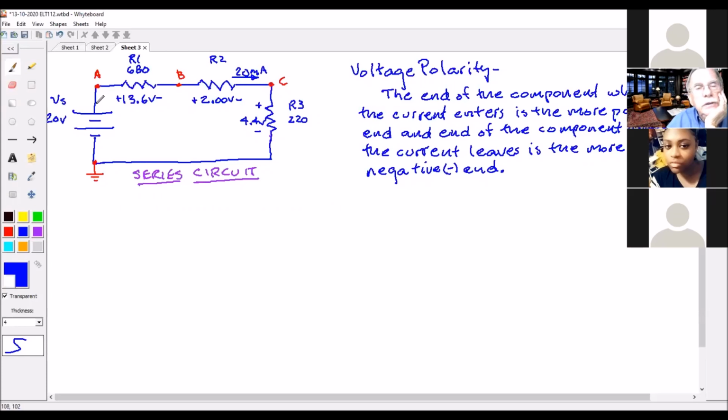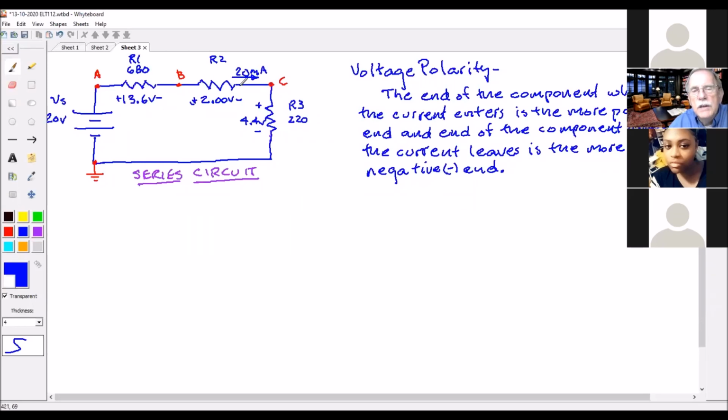So if I look at the current direction, the current leaves the positive, it goes into the left end of R1. That makes the left end the more positive end of the voltage across R1. And then as it leaves R1, that makes this the negative end of the voltage for R1. It enters the left end of R2, making that the positive end of the R2 voltage.